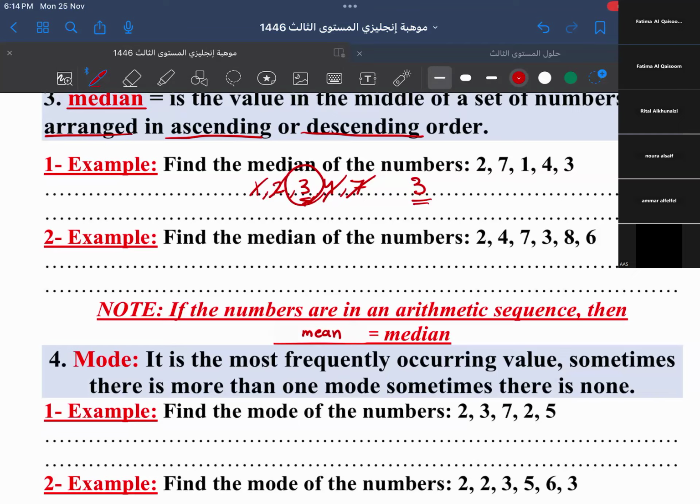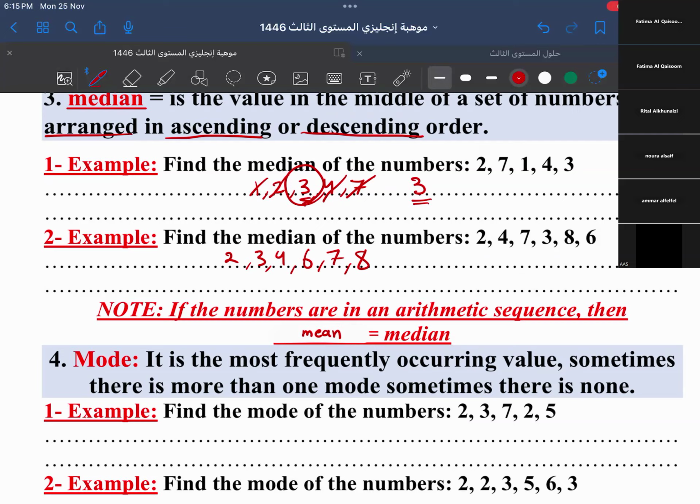Okay, so let's arrange it. Do not forget to arrange the sequence first. So how are we going to arrange them? From the smallest to the largest? 2, 3, 4, 6, 7, 8. Okay, so how are we going to find the median now?